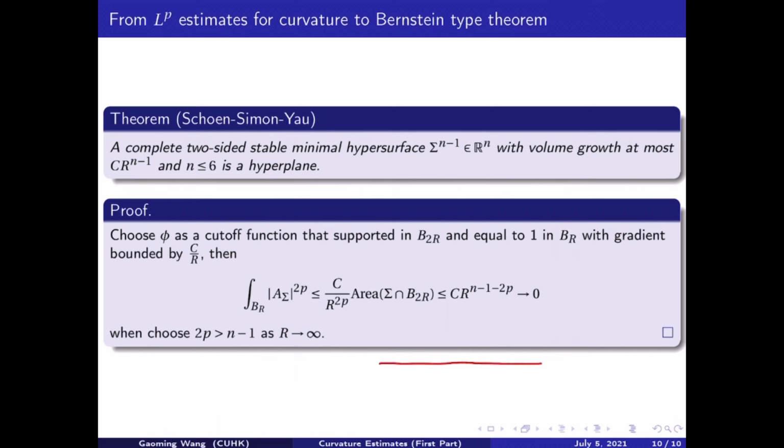Here we draw a simple figure to illustrate the choice of φ. Then we can bound the L^{2p} norm of the second fundamental form in B_R by these quantities. Using the area growth condition, we can bound it by this term. It will converge to 0 as R goes to infinity. This tells us the curvature of Σ vanishes everywhere, so Σ should be flat, which finishes the proof.